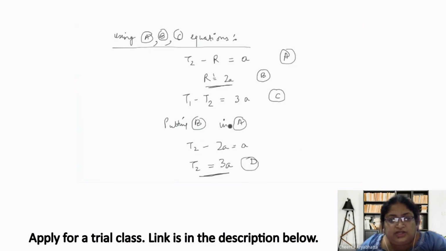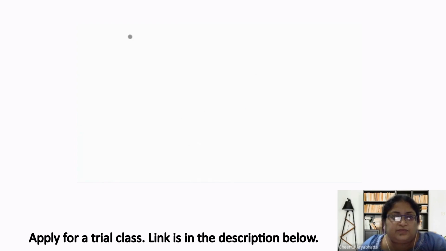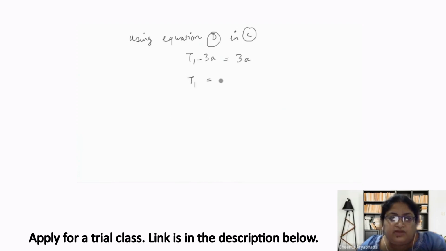Now this equation I can use here, right? T2, I can replace it with 3a. So using equation D in C, I will have T1 minus 3a equals 3a. So from here, T1 equals 6a. Now T1 is equal to 42 newtons, right?